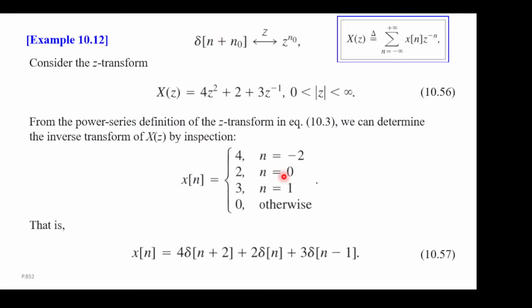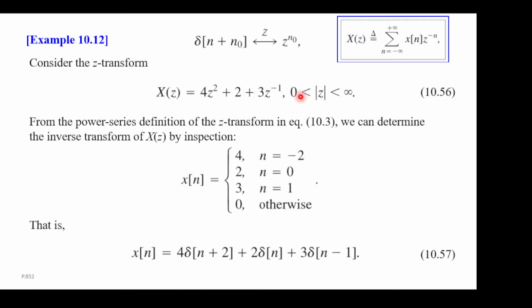So a very quick example: if your X(z) is just this, a power series of z with positive power and negative power, then you can just read your x[n] as 4, 2, 3, 0. 4 at n equal to minus 2, and 2 at n equal to 0, 3 at n equal to 1, and 0 otherwise. So we just try to fit your X(z) into this form.